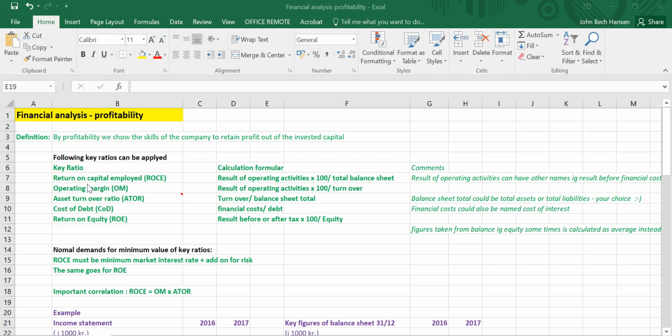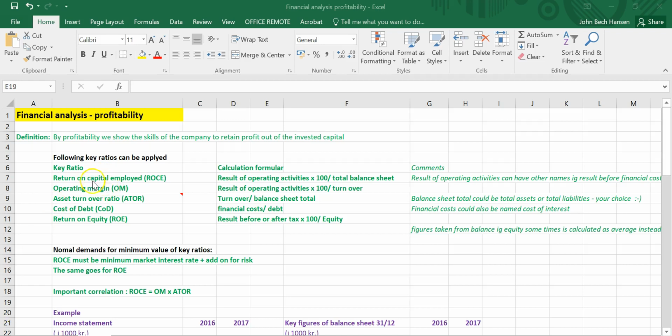So of course, a small company with very few resources or very little invested capital, if it makes a profit of 1 million, compared to a huge company also making 1 million but with an enormous investment behind it, then of course the small company is doing relatively much better, and the invested capital there is having a much better rate of return. So this is what we're going to analyze in the financial analysis of a company's profitability.